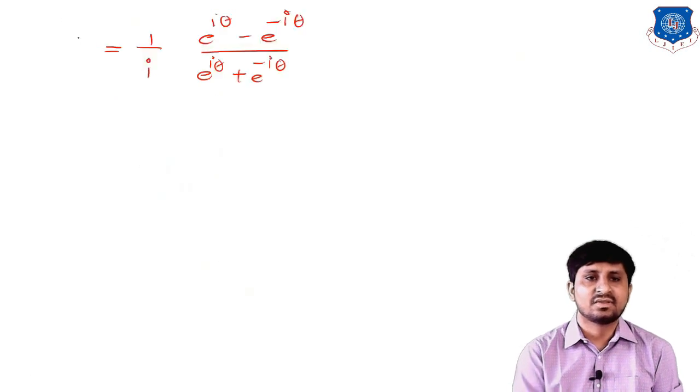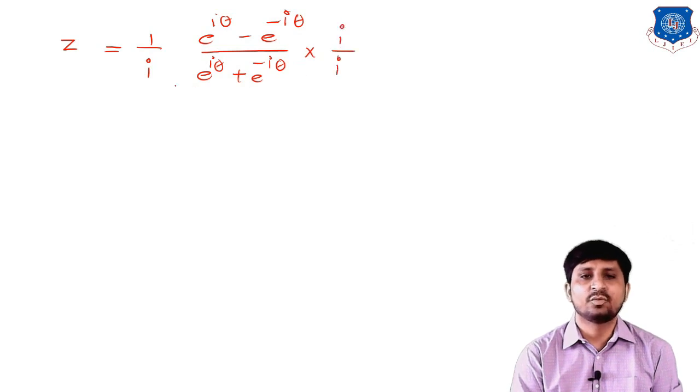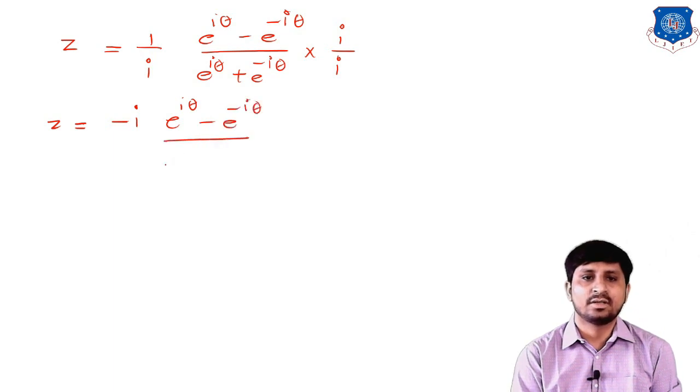So z is equal to 1 upon i, and now we multiply with i and divide by i. So in the denominator we have i square, and i square is minus 1, so z is equal to minus i times e raised to i theta minus e raised to minus i theta upon e raised to i theta plus e raised to minus i theta.